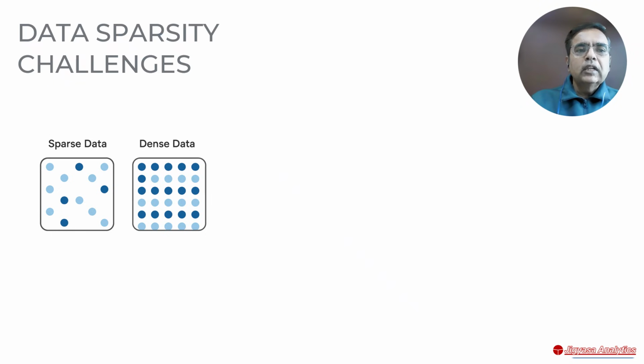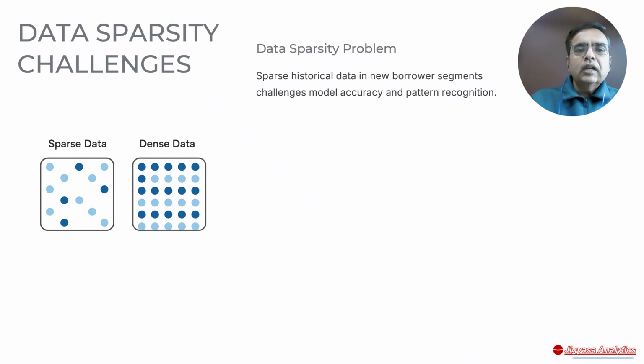Let me now talk a little bit about a related issue of data sparsity. Data is sparse if an organization is new or getting into a new segment and does not have a lot of borrower information for that segment. This inhibits a model from predicting accurately and identifying the correct patterns because it doesn't have enough sample to work with.